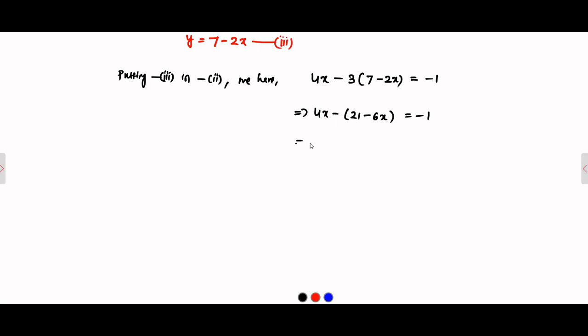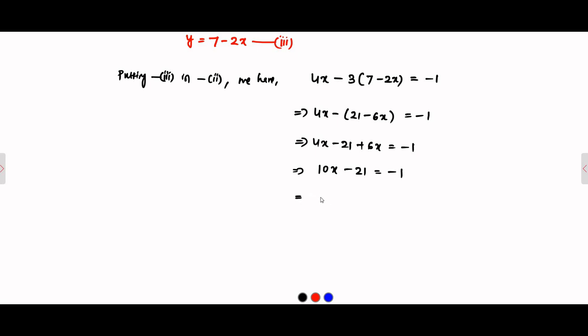That implies 4x minus 21 plus 6x is equal to minus 1. That implies 4x plus 6x, that is 10x, minus 21 is equal to minus 1.